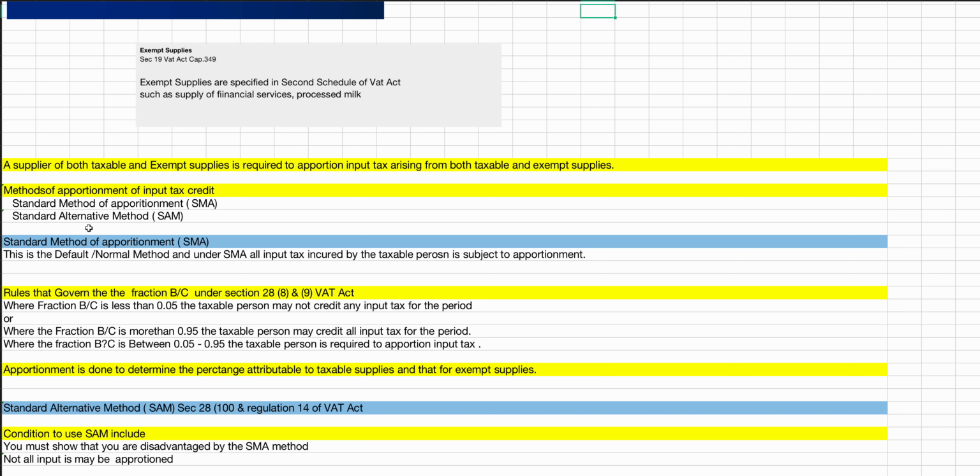So that's the most common method most of us are using currently, whereby in case we're dealing in both taxable and exempt supplies, all our input will be subject to apportionment. There are one or two rules that govern the fraction of B over C under section 28 and 9 of the VAT Act on what we should look out for before we say we need to apportion our VAT.